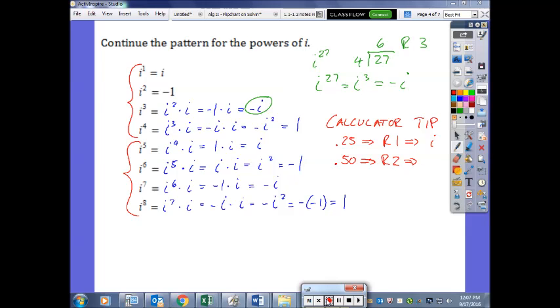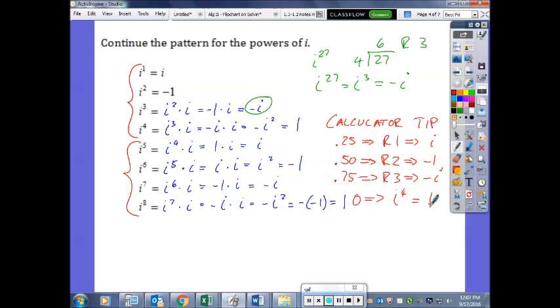And the remainder of 2 means i squared, or in other words, negative 1. A decimal of 0.75, then you guessed it, is equivalent to a remainder of 3. And that means equivalent to negative i. And if you have no remainder and the number can be evenly divided by 4, that means you have just i to the 4th power, and i to the 4th power is the same as just the number 1.